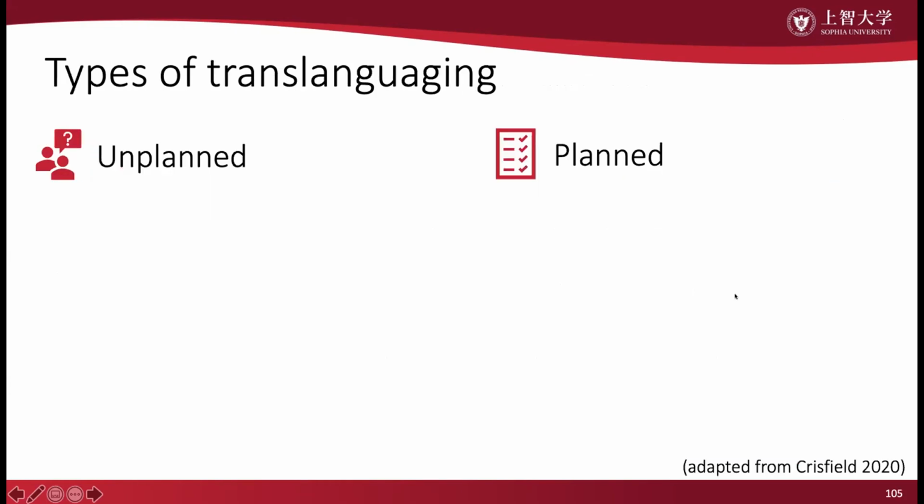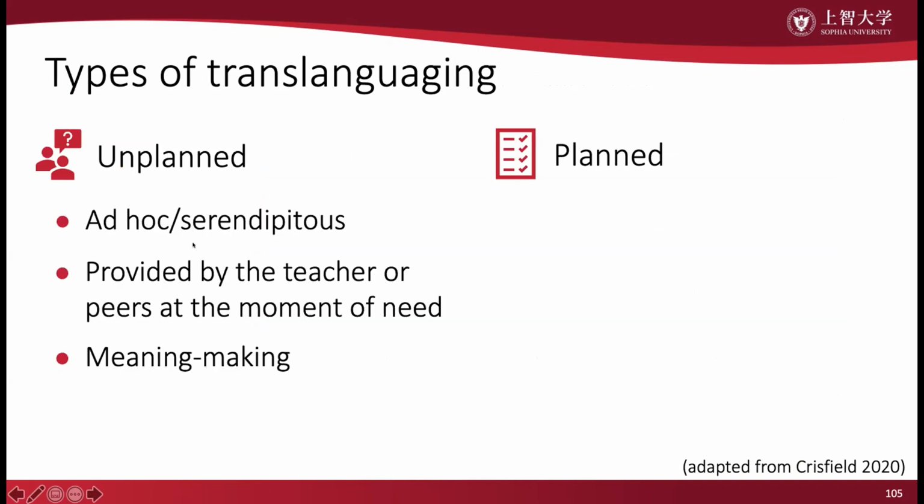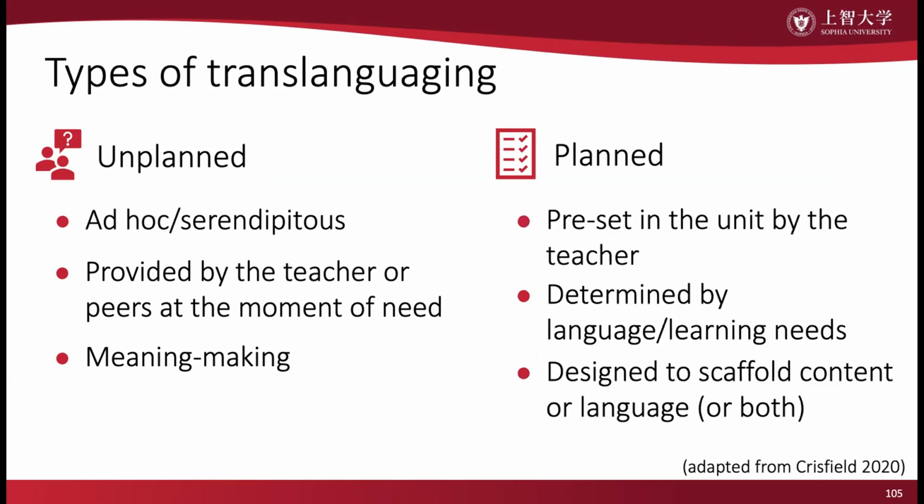And there are two types of translanguaging, planned and unplanned. So unplanned is ad hoc or serendipitous, right? It's provided by the teachers or the peers at a moment of need, and it's done to support meaning making. Whereas planned translanguaging is already included in the lesson plan.